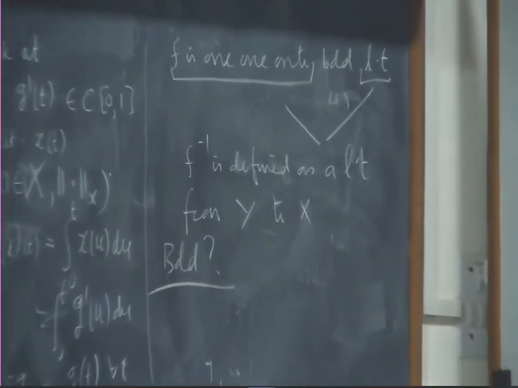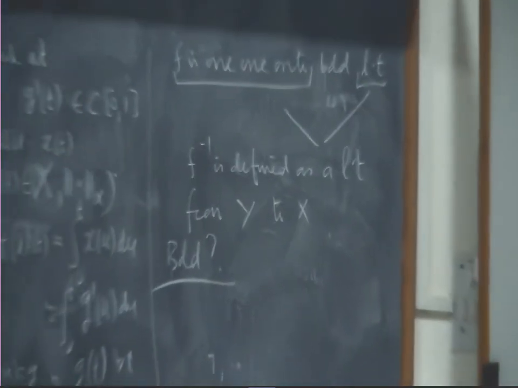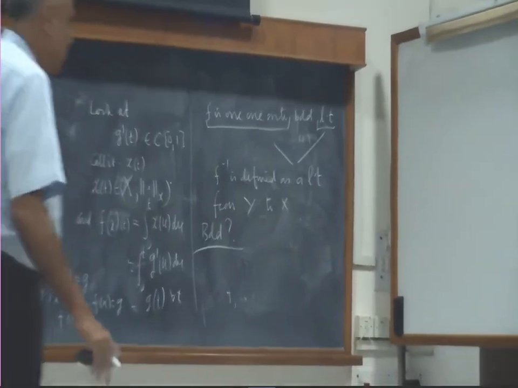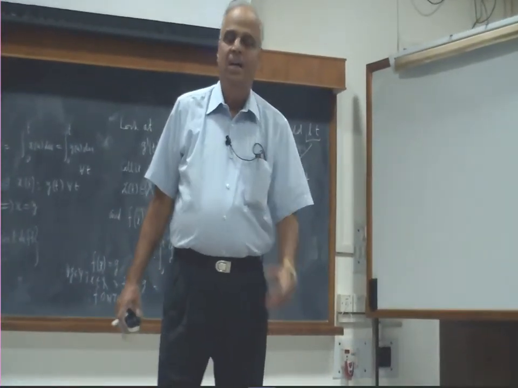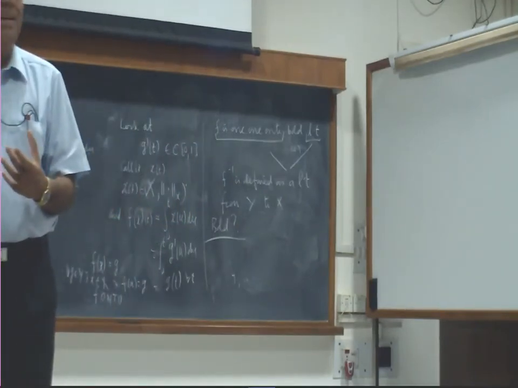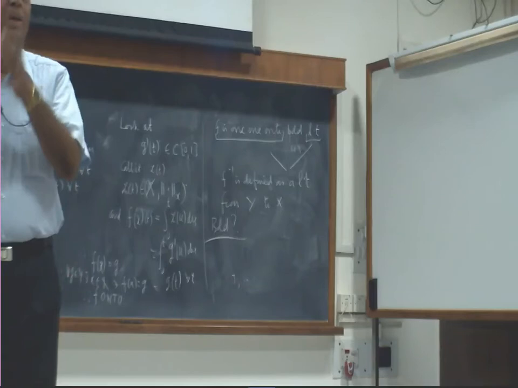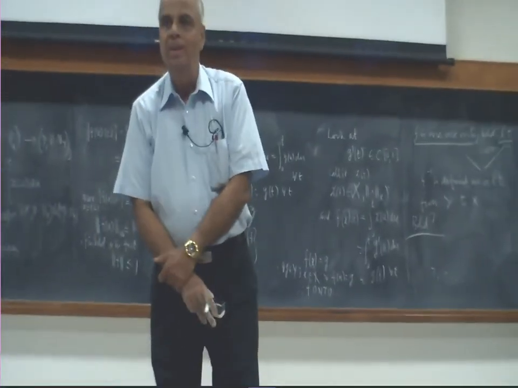How do I show that it is not bounded? For every elastic limit you put, somebody exceeds that limit. That's what we want to show. So in other words, give me any positive integer n. There is a function g_n such that the norm of F inverse of g_n exceeds n times the norm of g_n.